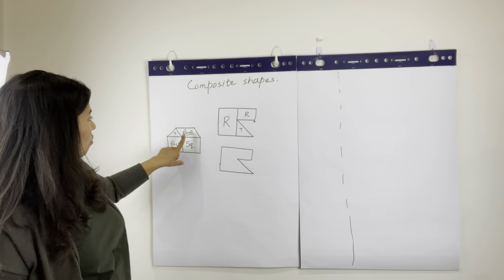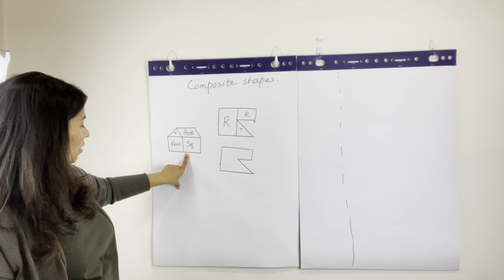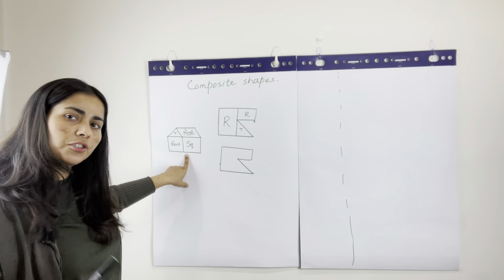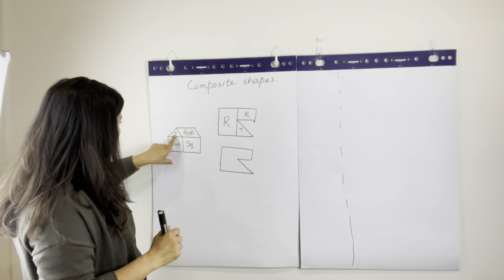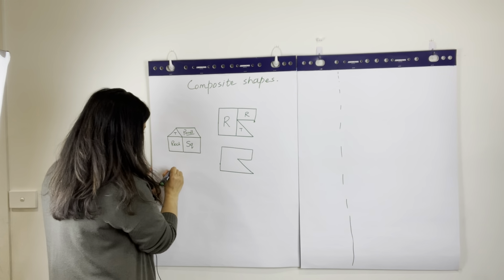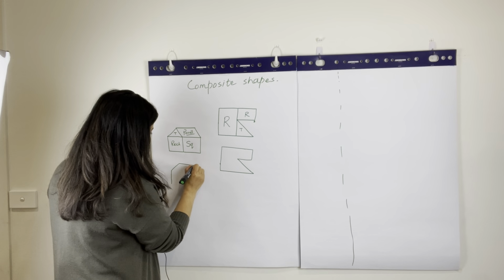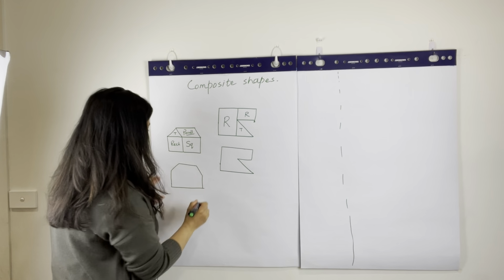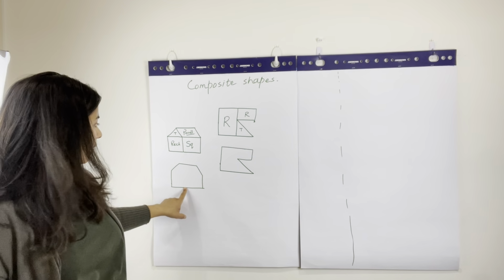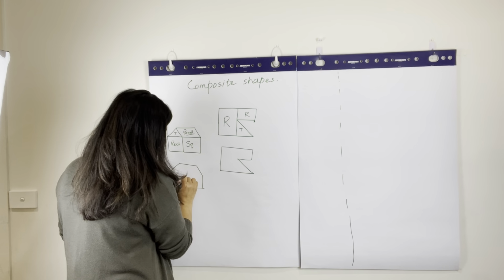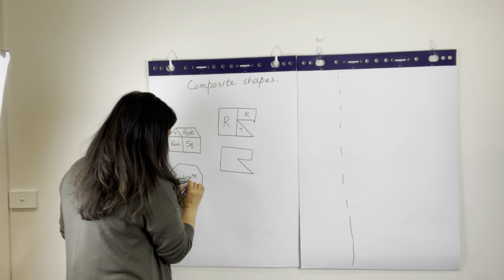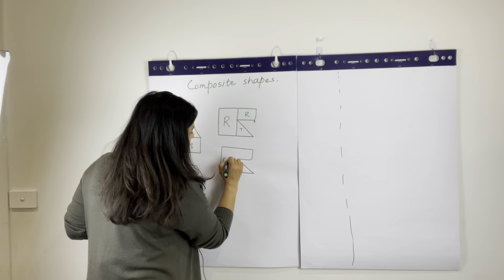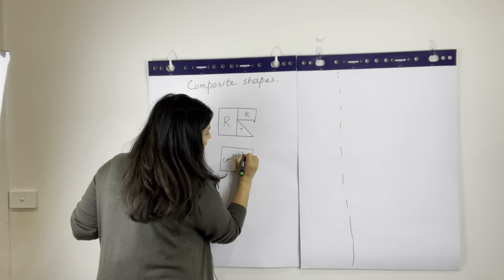So together, all these shapes put together next to each other have created a composite shape. Let's remove all these lines in between. It's going to look like this. So that's a composite shape. That's also a composite shape.